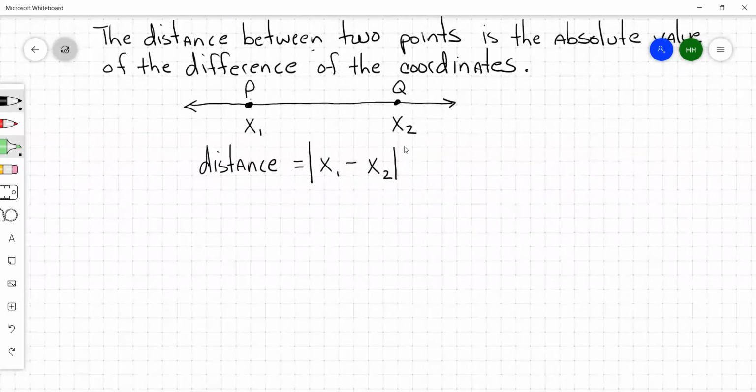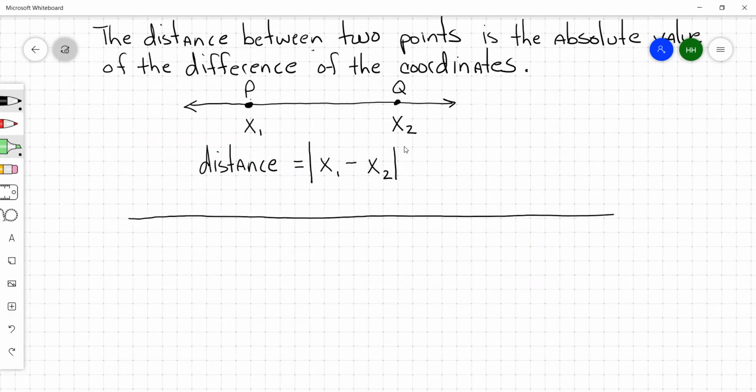You all right with that? So now we're going to find the distance between some points on this number line. We're going to start over here at -7, and that's going to be point A. And B is going to be at -6. C is at -4.